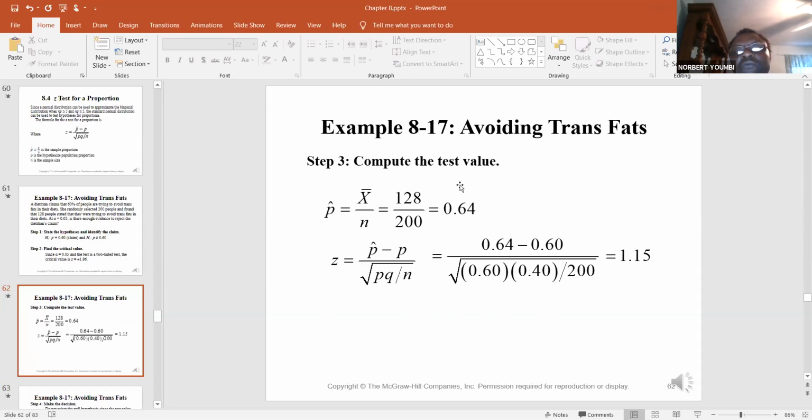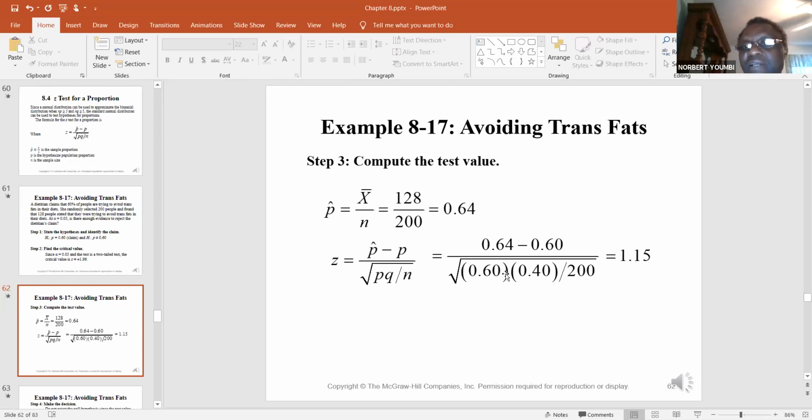The test value: we use the information from the problem to find p hat, which is 0.64. 0.64 minus 0.6 divided by the square root of p times q, where p is from the null hypothesis, and q is 1 minus p. You fit it into this formula.